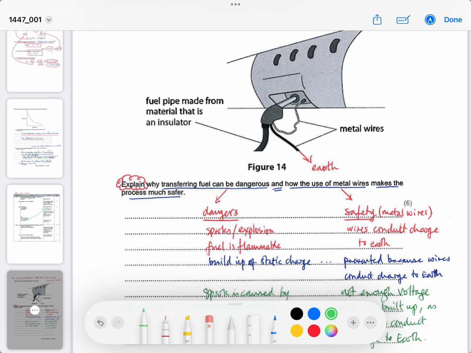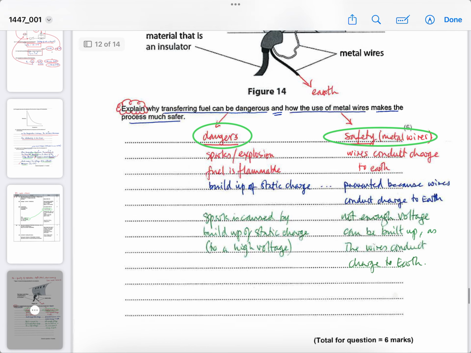So basically, what I've done is I've divided it into dangers and safety. So safety is to do with the metal wires, and you can see there's 6 marks available. So it's really a matter of being able to get your English sorted. Your English in physics needs to be really clear, and I've summarized it by the red.